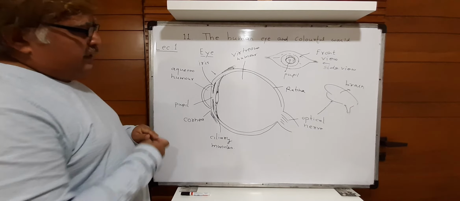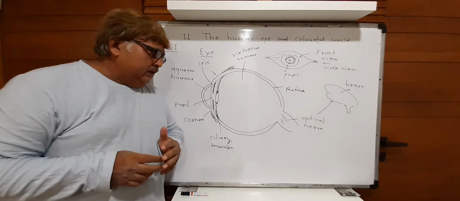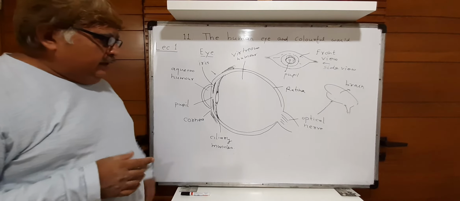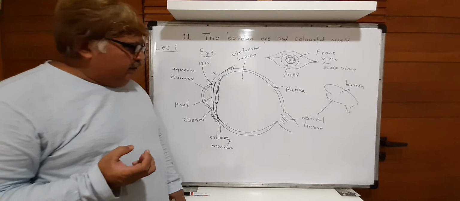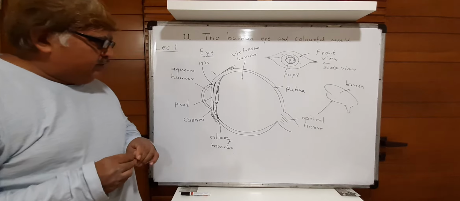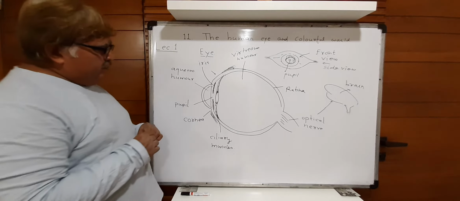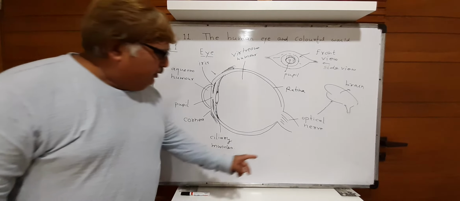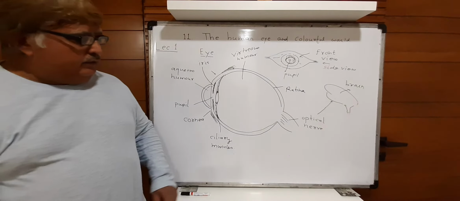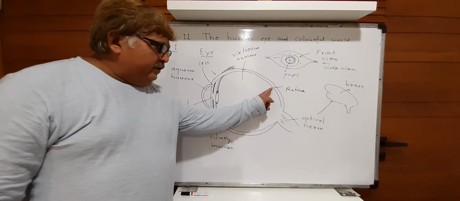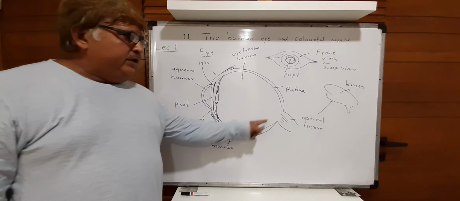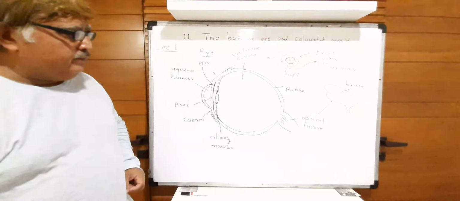Now see, let us try to discuss the internal structure of eye and importance of each and every internal organ and their function. Let us first summarize. Have we shown all parts labeled? Optical nerve, or you may call optical fiber, light sensitive screen like a camera, retina.